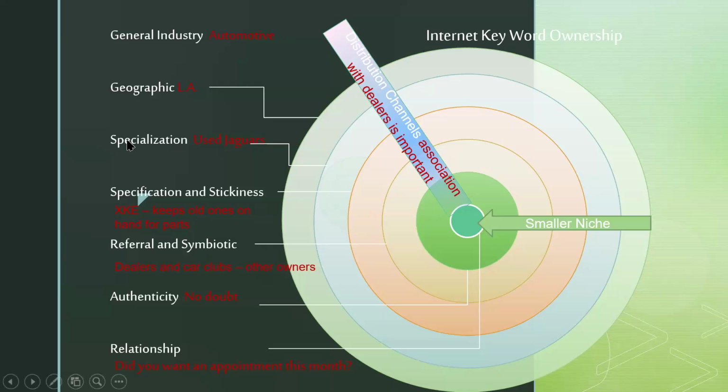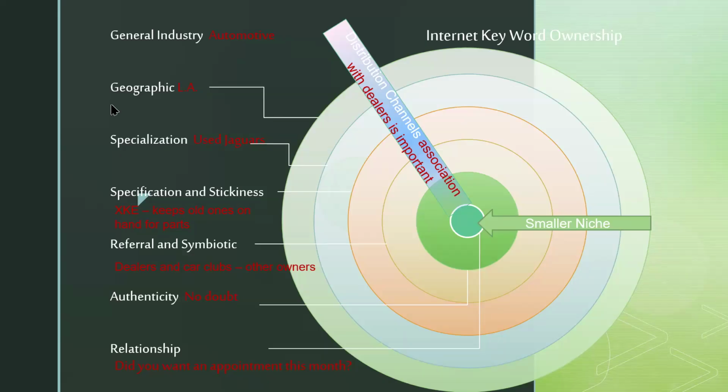So he has eliminated a huge number of people who used to call themselves foreign car repair shops. Now he is a Jaguar foreign car repair shop, and you can see his market has gotten smaller. Then specification and stickiness. Well, an XKE is something that is specific to the particular model and year of that car.